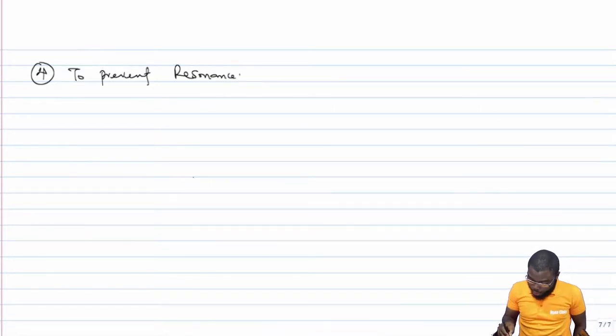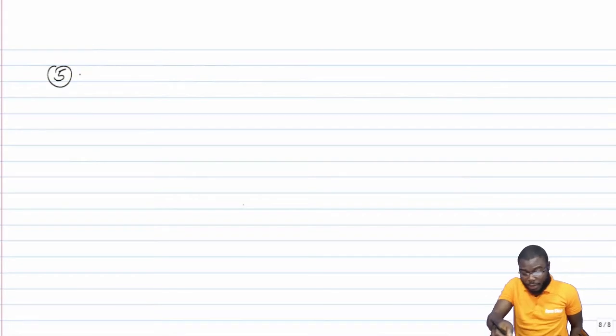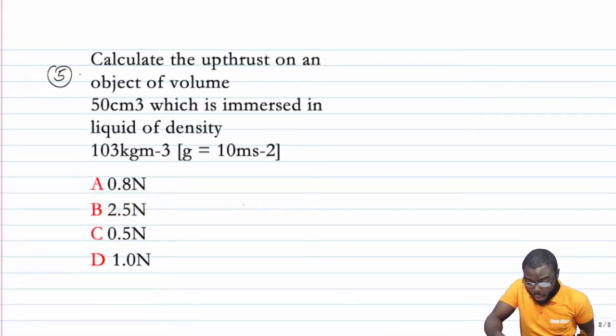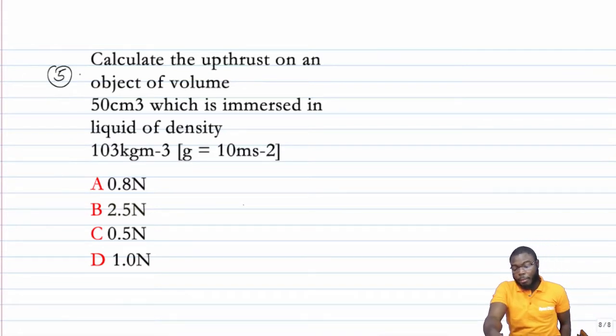Question number 5 says calculate the upthrust on an object of volume 50 cm cube, which is immersed in liquid of density 10^3 kilogram per meter cube, given g to be equal to 10 meter per second square.